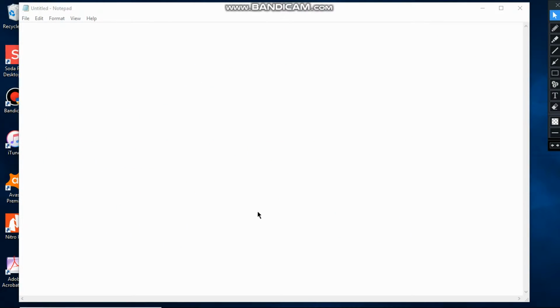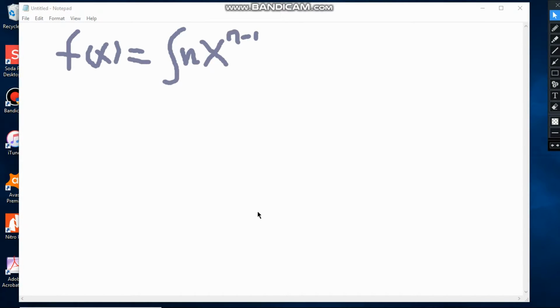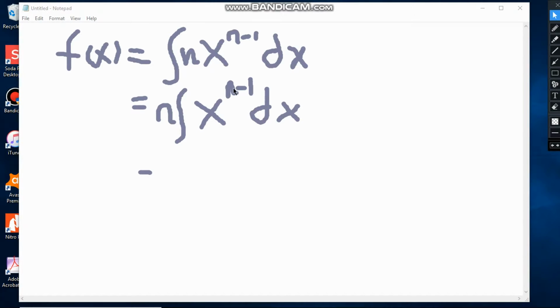So you must be very careful. In this position is where we see f dash of x. So we replace f dash of x with its value, that is n x raised to n minus 1.